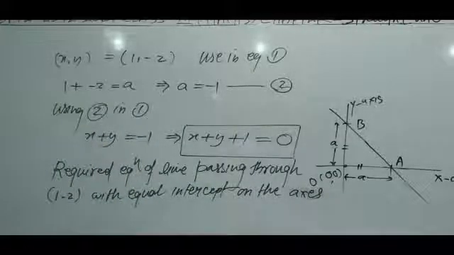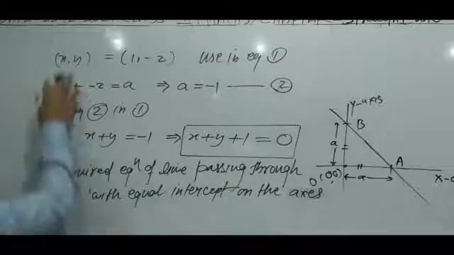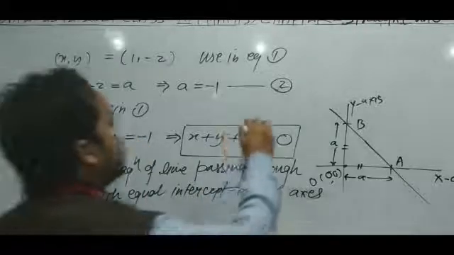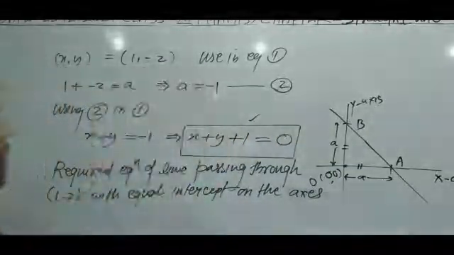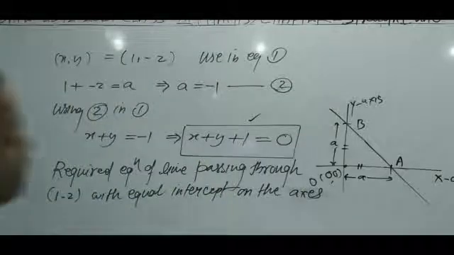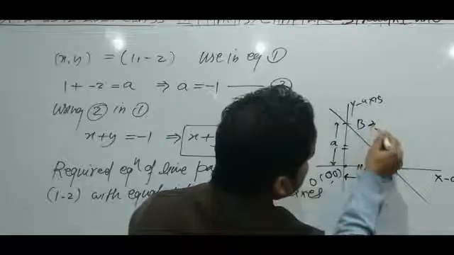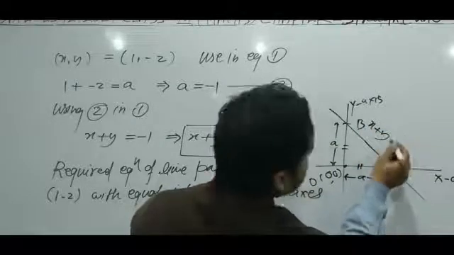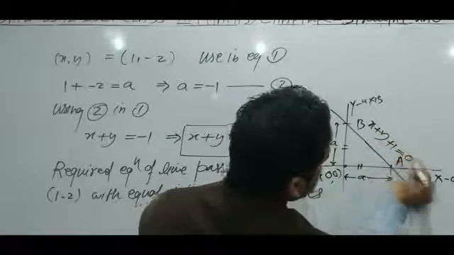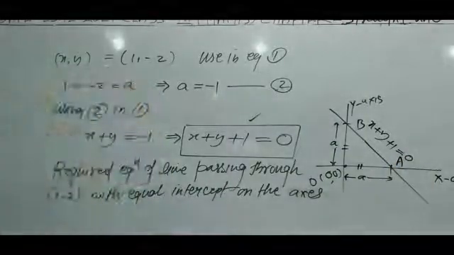Now this is the answer. This is the line which cuts off equal intercepts on the axes and passes through the point (1, minus 2).